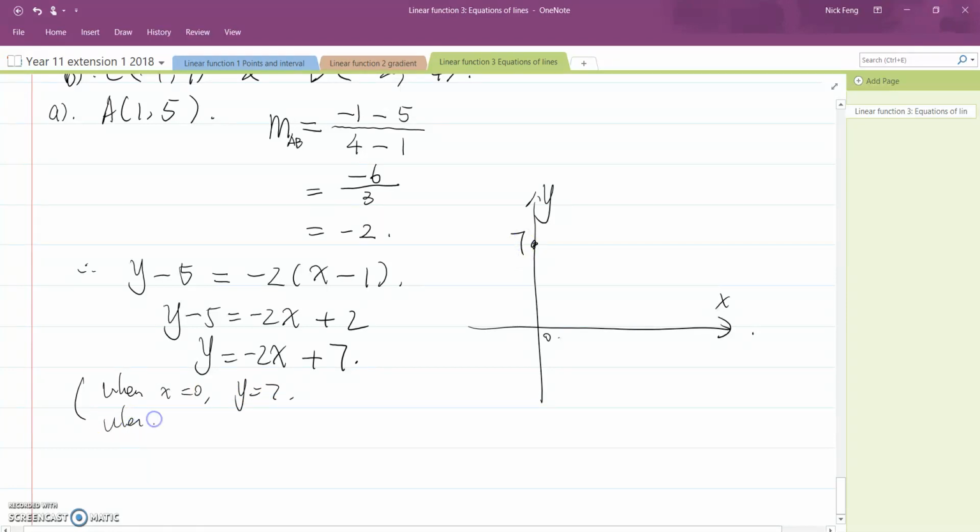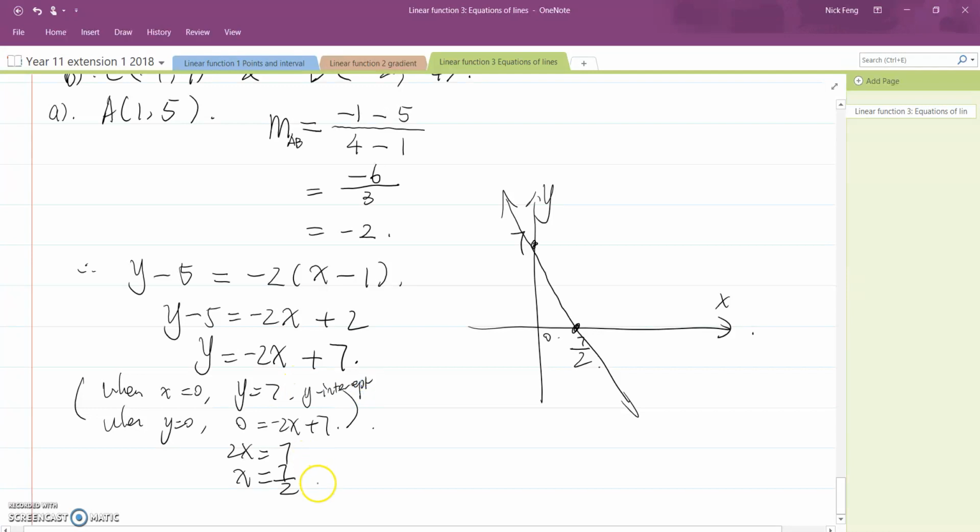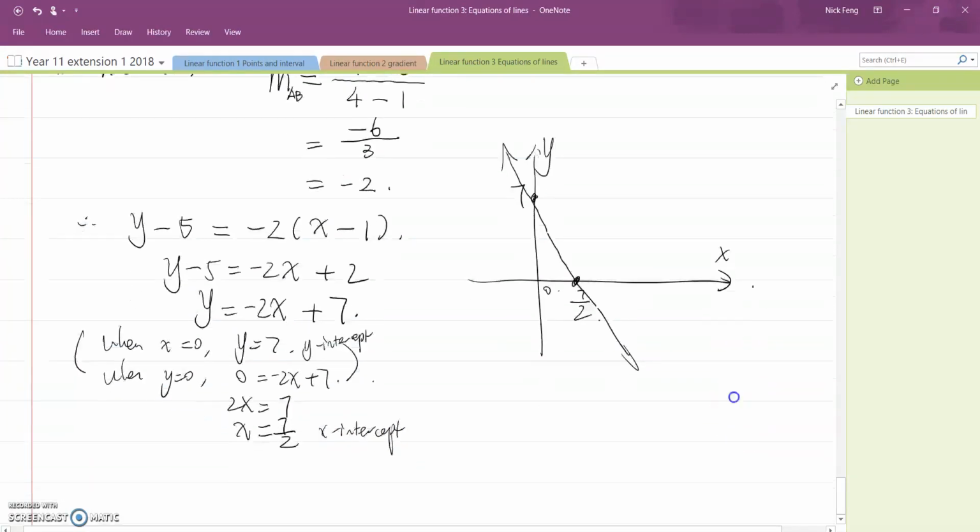And when y equals 0, 0 equals negative 2x plus 7, 2x equals 7, x equals 7 on 2, which is 3.5. So you just join the two points together and you're done. This is the y-intercept and this is the x-intercept. Again, this is not asked by the question, but you should know it.